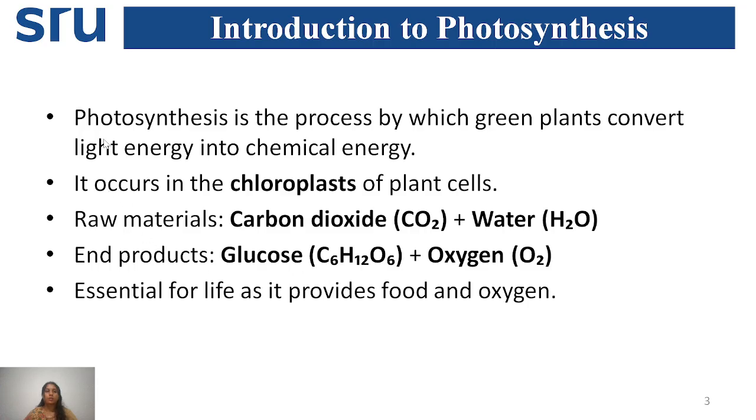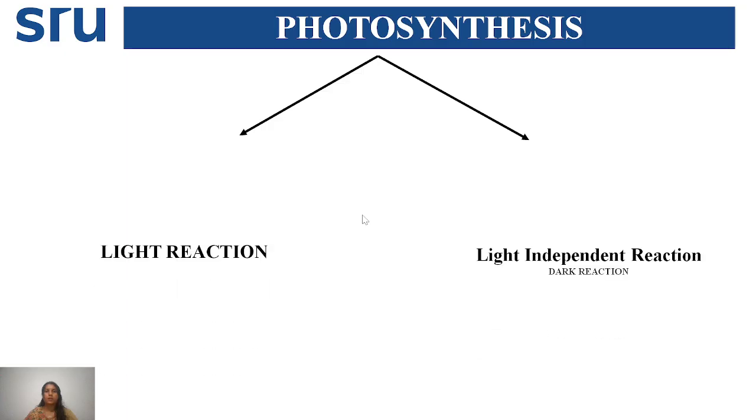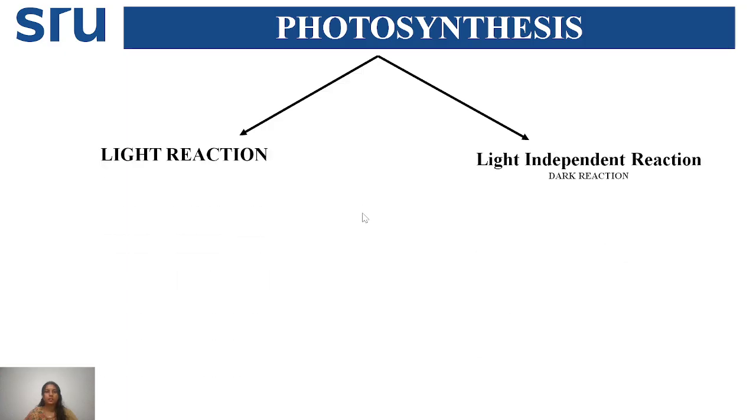The site of photosynthesis is the chloroplast. The cell is made up of a lot of cell organelles, and in the chloroplast photosynthesis takes place. Photosynthesis is categorized into two categories: one is light reaction and another is dark reaction.